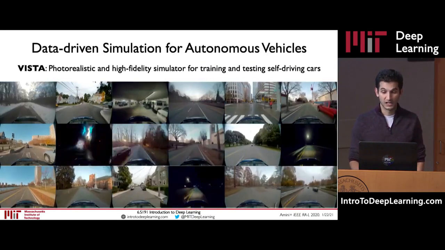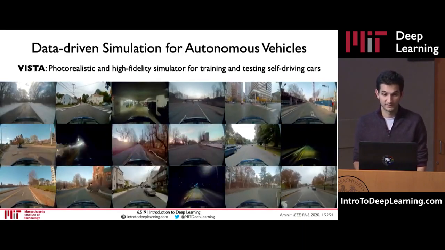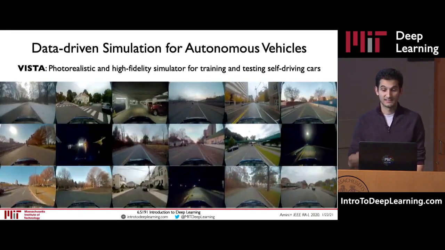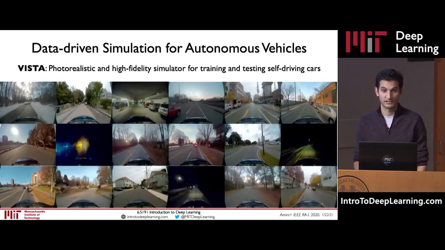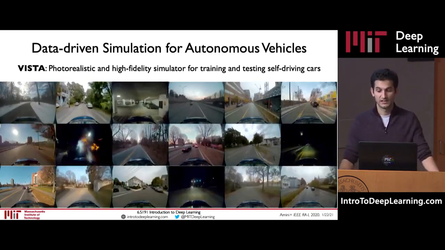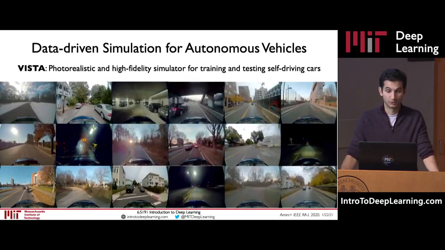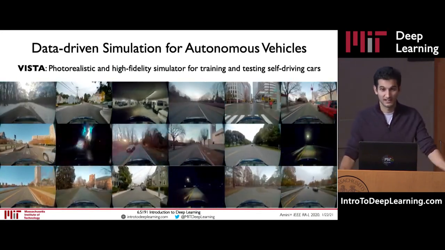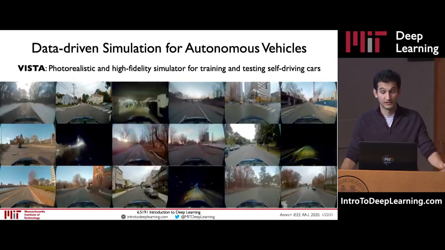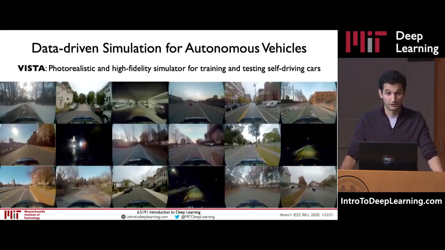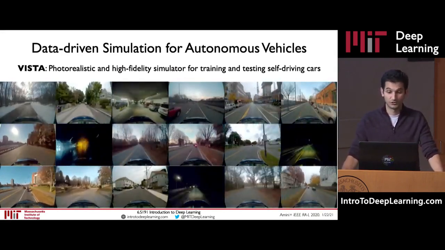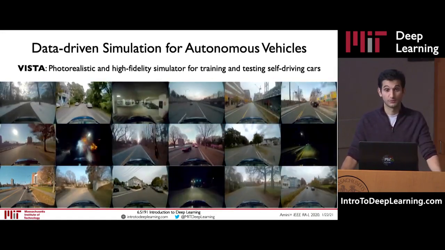Because of this extremely photorealistic, entirely data-driven simulation, the simulator is amenable to learning reinforcement learning policies and helps us use real data of the world to synthesize brand new, very photorealistic data. This allows us to train reinforcement learning in simulation and still have it transferred and deployed into reality.